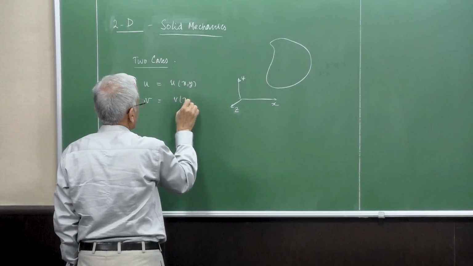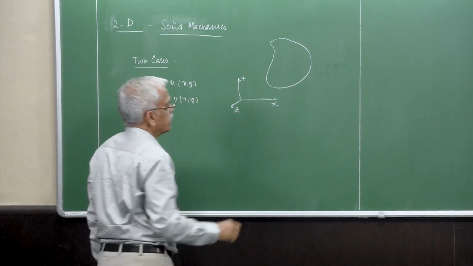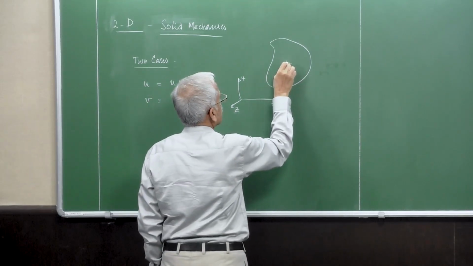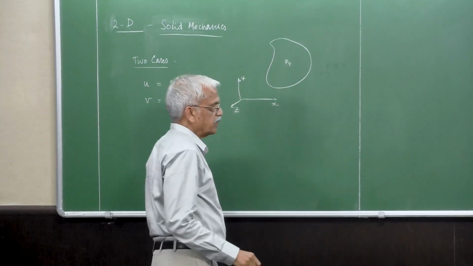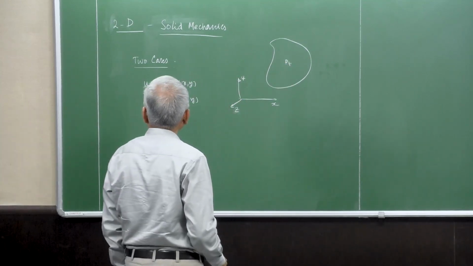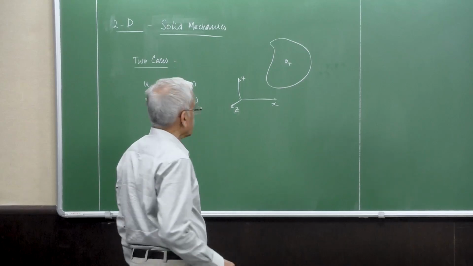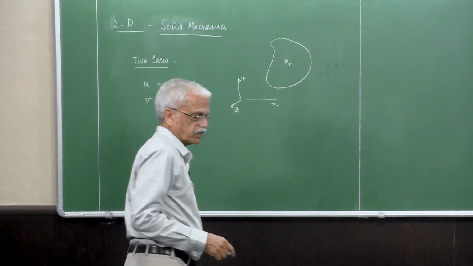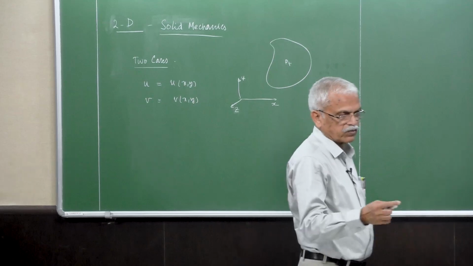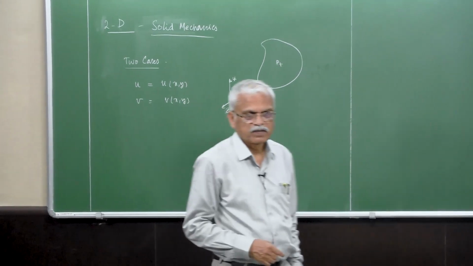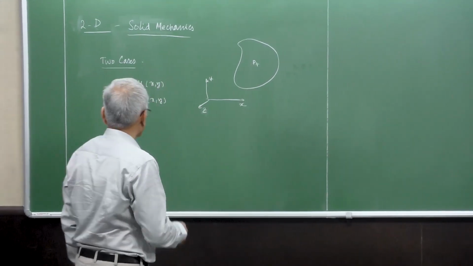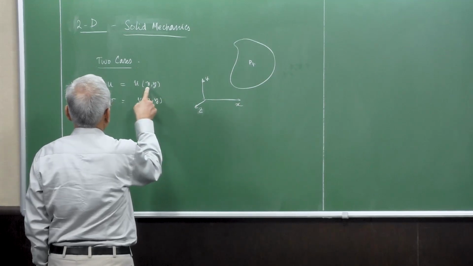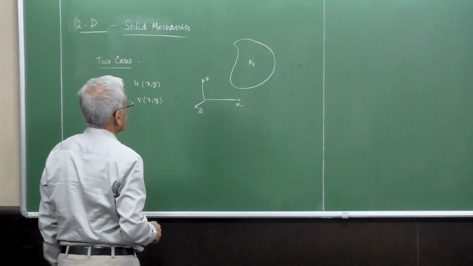We have two displacement components, u and v, at every point p here. Every point p here will undergo deformation u and v, which are functions of x, y. So x, y are the independent variables on which the solution depends.